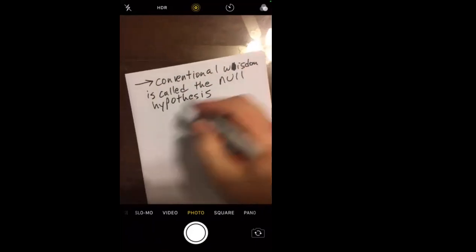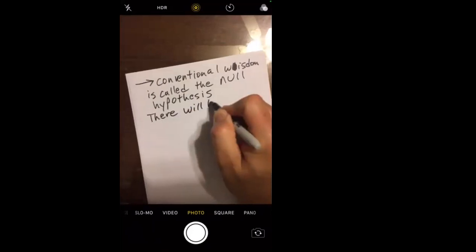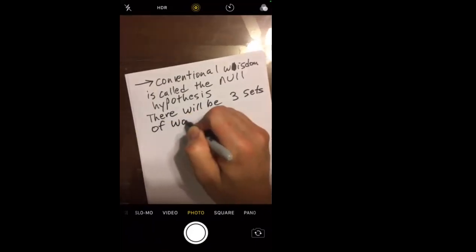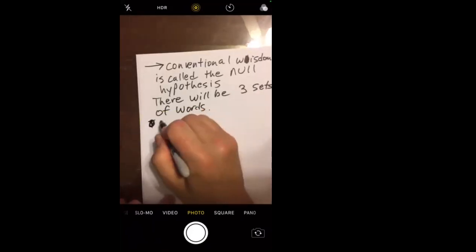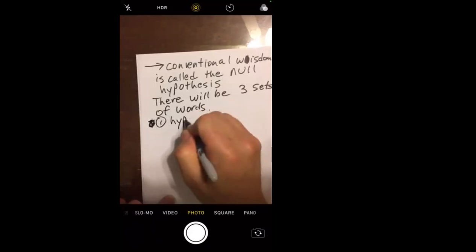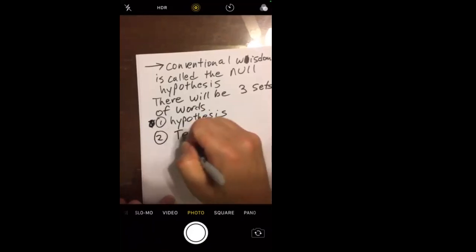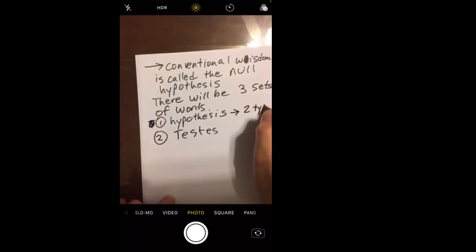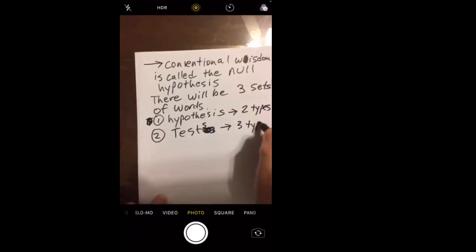There are going to be three sets of words. The first words are hypotheses, and there are two types. Second words are tests, and there are three types.